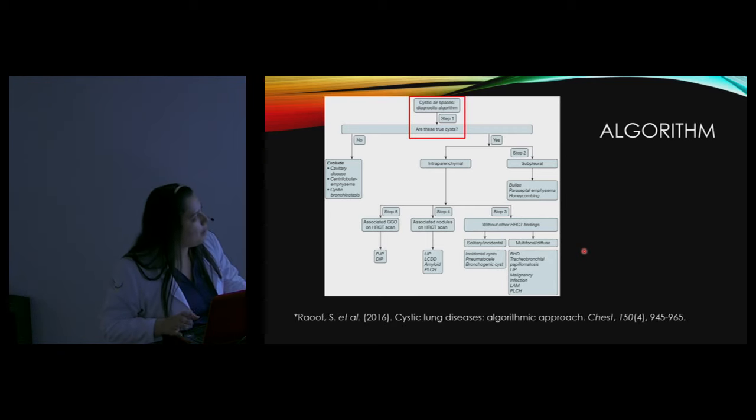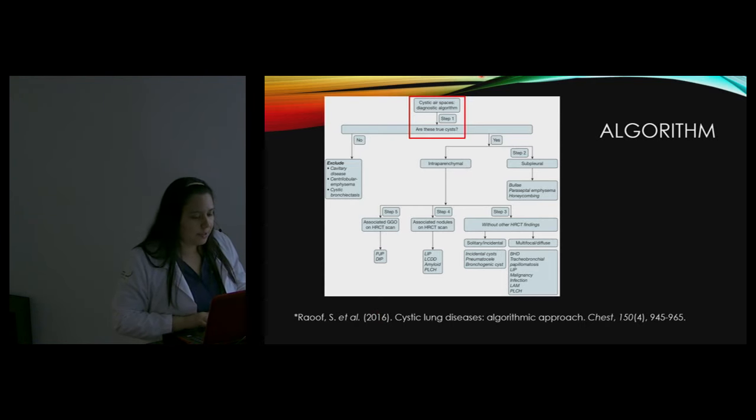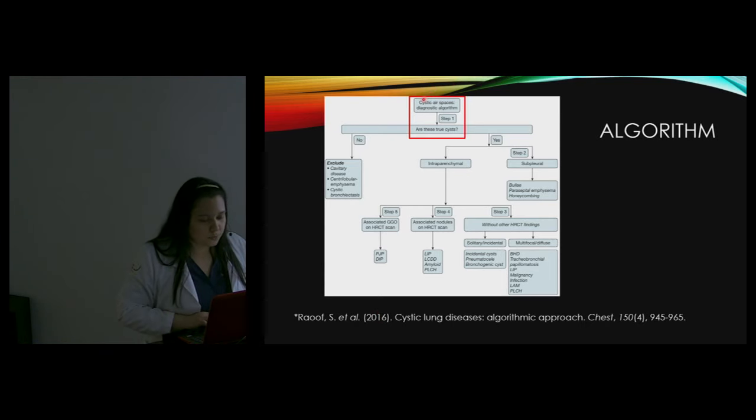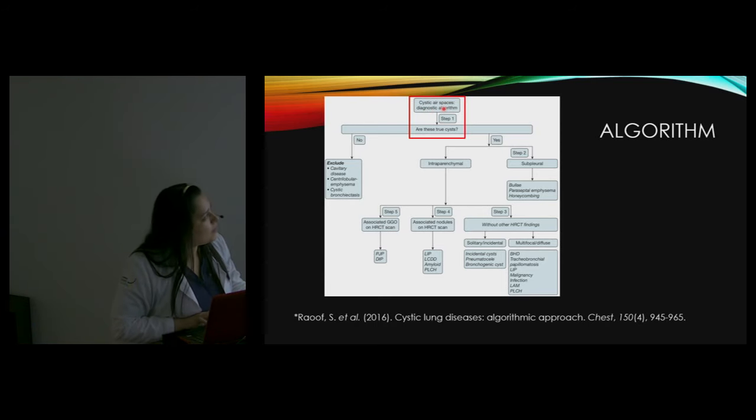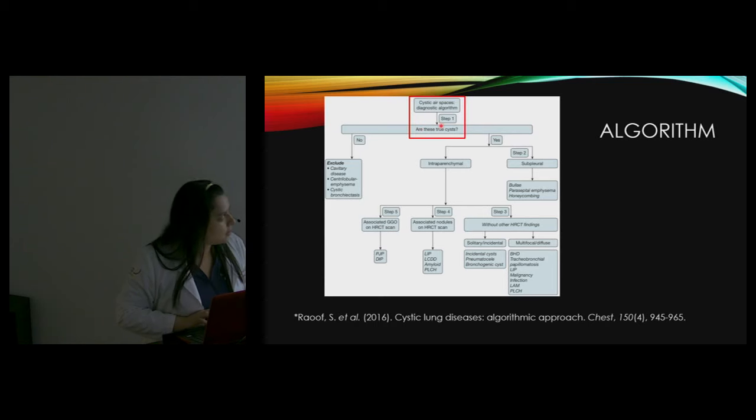So, I found this algorithm which was published in the journal Chest in the year 2016. In this algorithm, the authors propose that whenever we face a chest image with cystic air spaces, the first step we must take is to define if these lesions are true cysts.